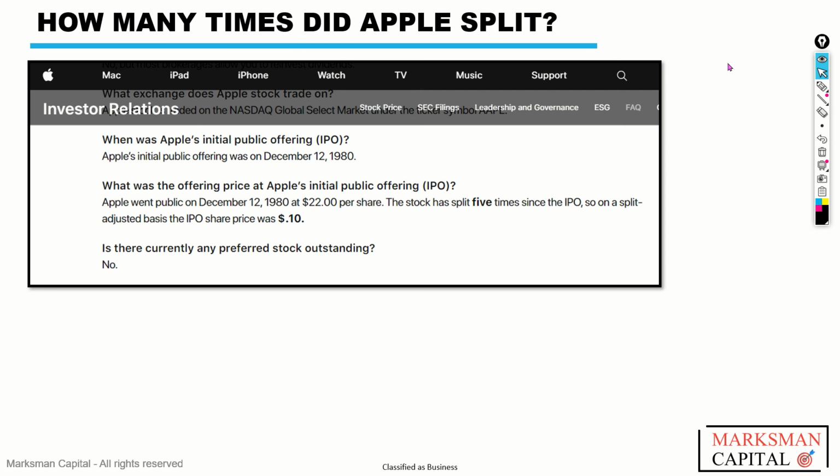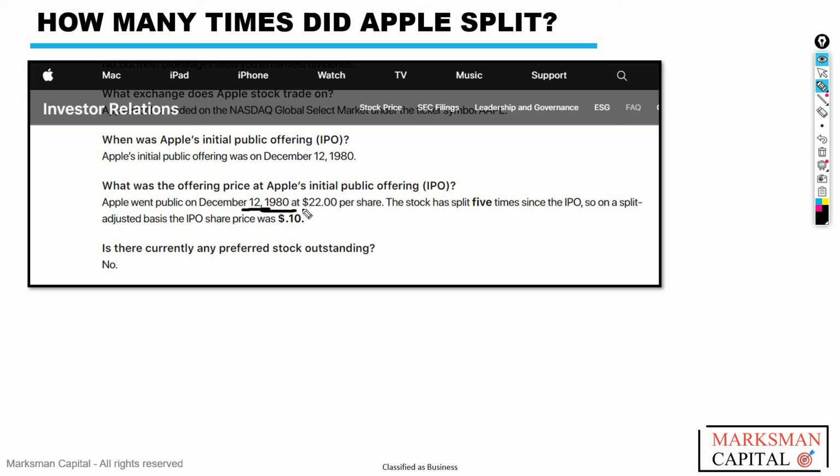Right. So now let's go back to a bit of history. The most interesting one we always see in the history was Apple. Apple has had many splits because it was very bullish, right? So stock splits are generally bullish. Apple has been listed around 41 years, about December 12, 1980.